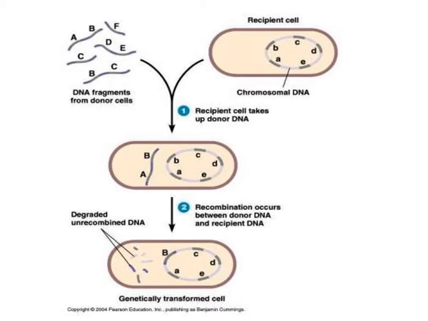In this case, we're showing the B plus to have undergone a recombination event in such a way that the donor DNA replaces what was there originally, which was the B minus. So the DNA that was in the chromosome is essentially destroyed and replaced by this wild type allele that's coming from the donor DNA. Now this is the type of event that we can easily select for, assuming auxotrophic markers are involved.